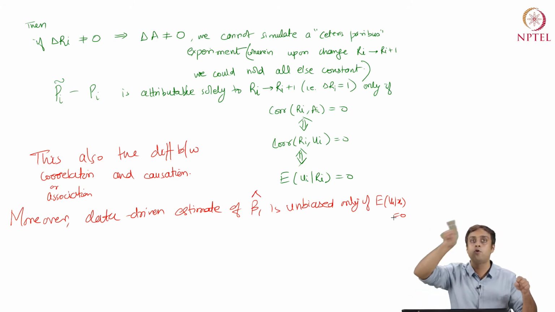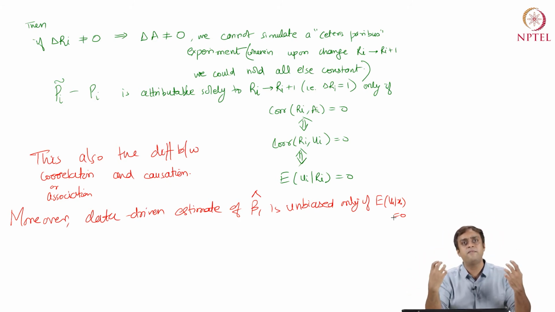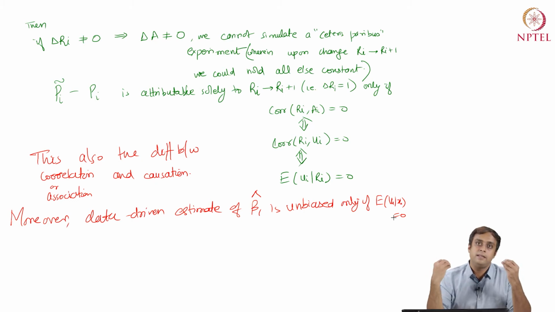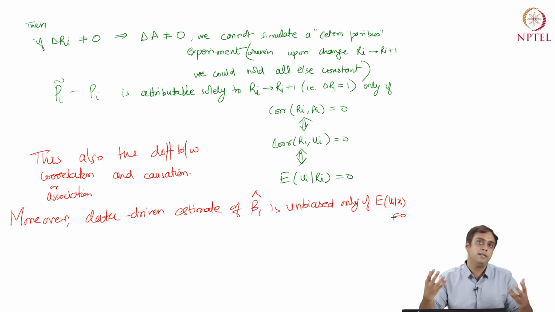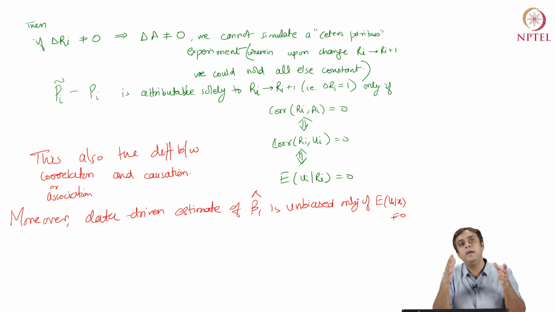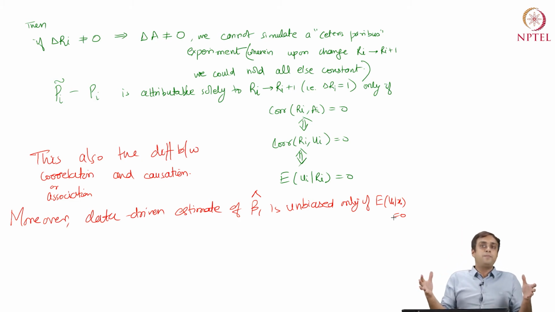So it's a circular loop where we cannot identify which direction the impact is. That is by definition merely correlation or causation, right? So if expectation Ui given Xi fails, then we cannot simulate a ceteris paribus experiment. That is, we cannot establish causality, we are merely dealing with a correlation estimate.